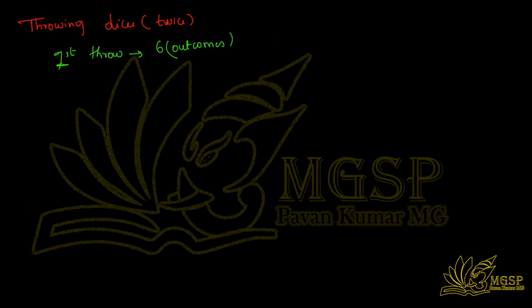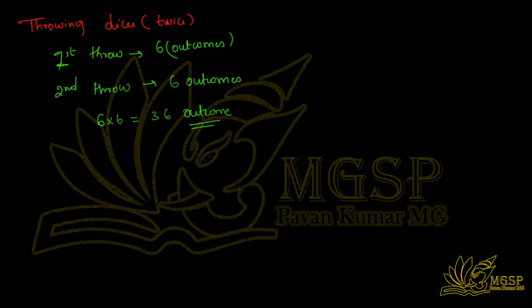In the second throw there are again 6 outcomes. There may be 1, 2, or 4, similarly like that. So the sample space is 6 into 6, that is 36 outcomes.